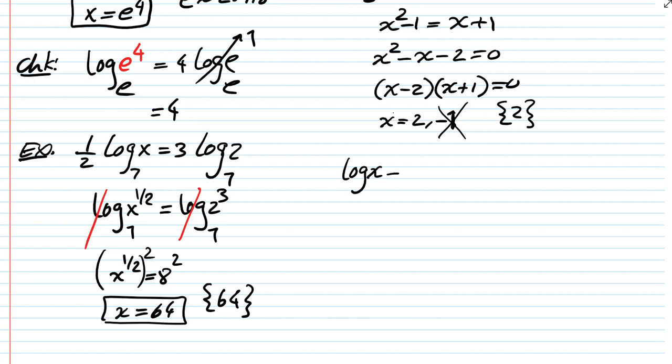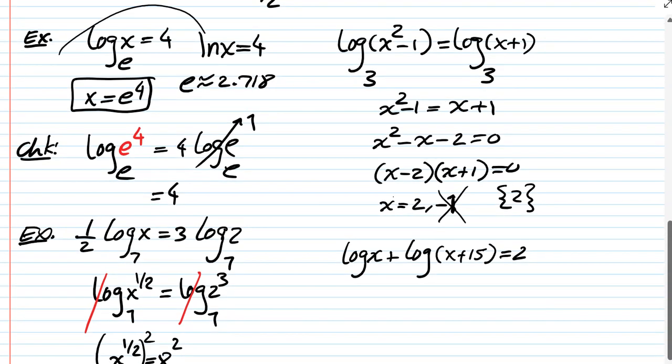Let's do another example. Suppose I have common log of x plus common log of x plus 15 equal to 2. Again, this is the kind that has a log on one side, kind of like the one I started with, log base e of x equals 4.